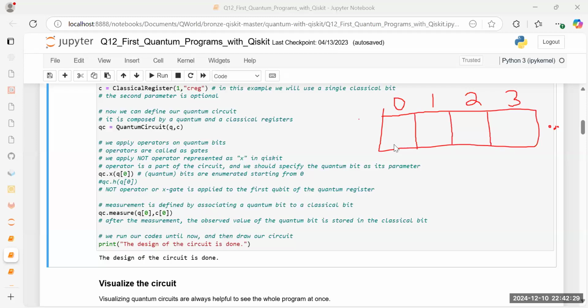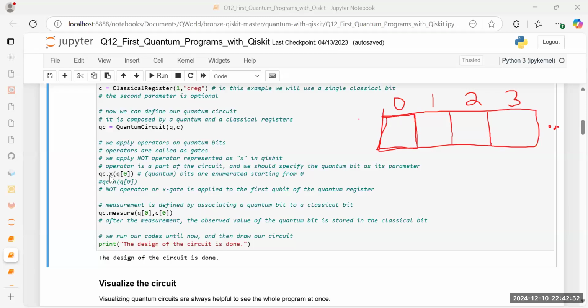For the first location here, which is location 0, that's what we're trying to make use of. And actually, this is all we requested: a single storage slot, or a single qubit. So this is location 0. That's why we have Q and 0 here.